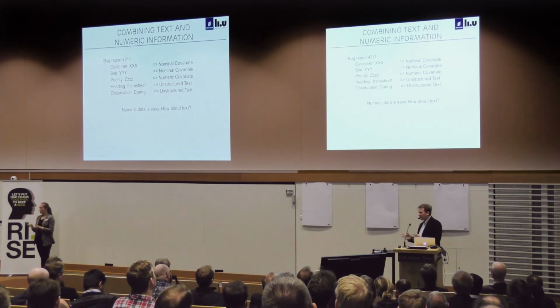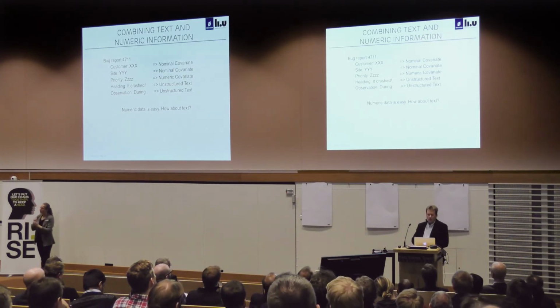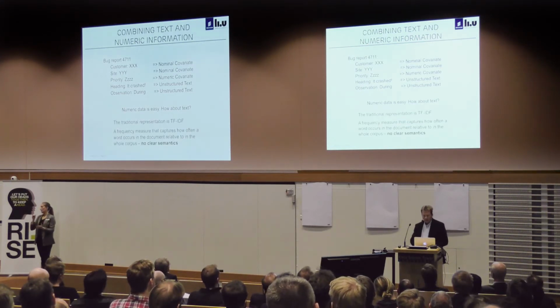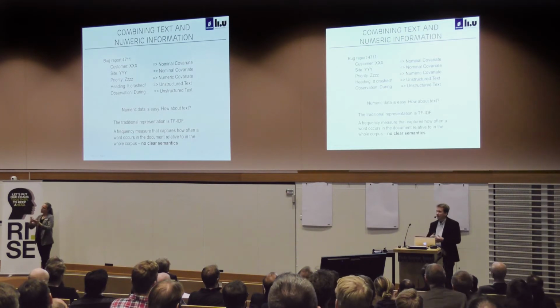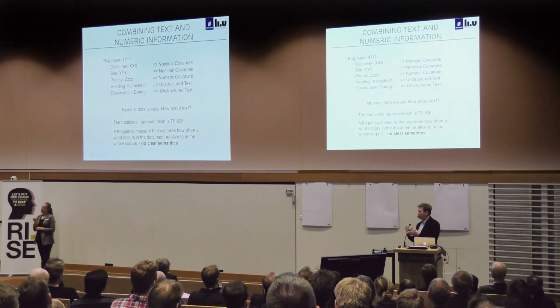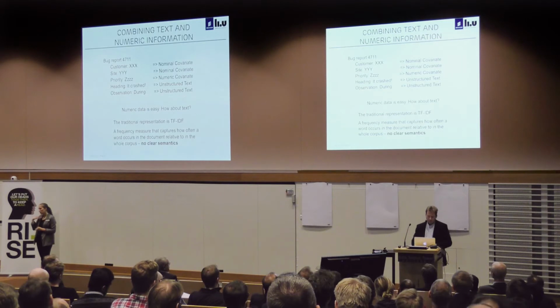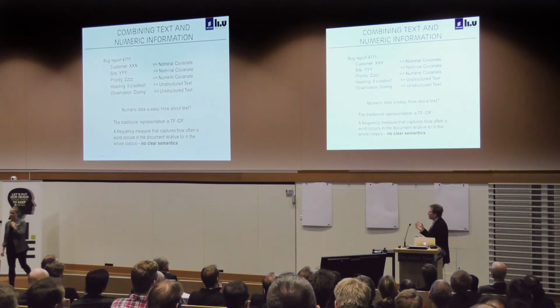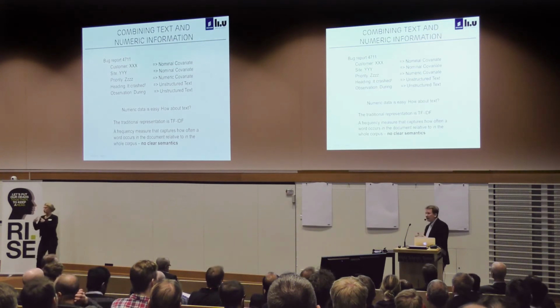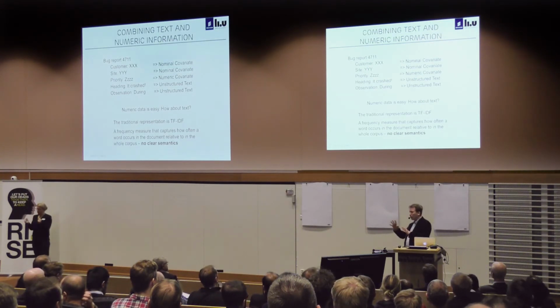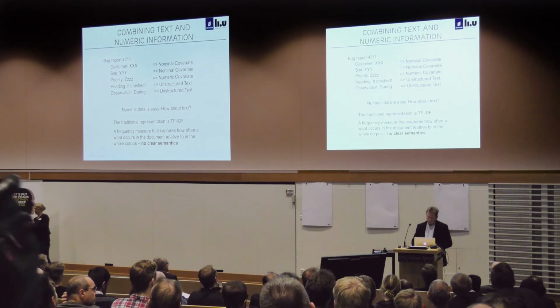And numerical data, typically machine learning models have no problems with at all, but this text can be a problem. And typically we represent this unstructured text with this TF-IDF that I mentioned previously, which is basically counting the frequencies. The problem with that is there's no clear semantics in the TF-IDF, but LDA gives us these mappings with the topics in the documents.